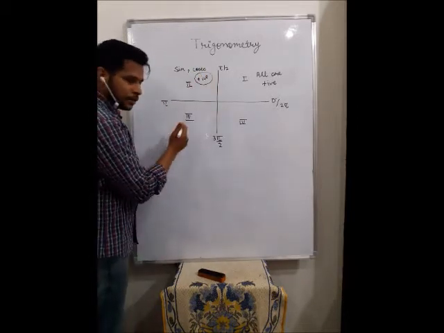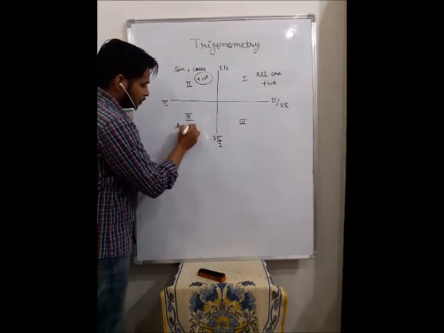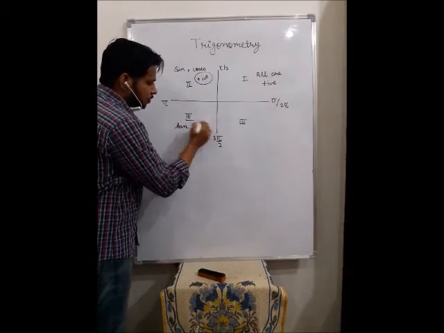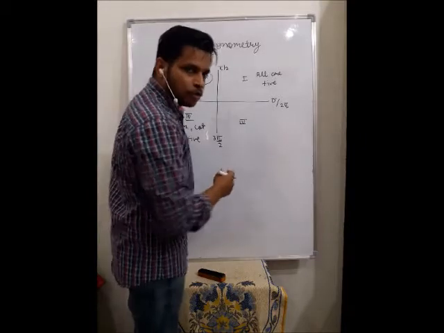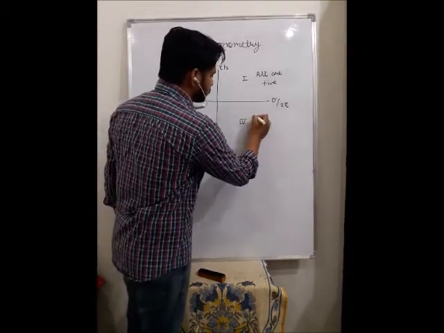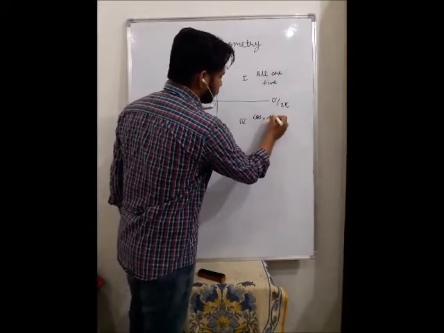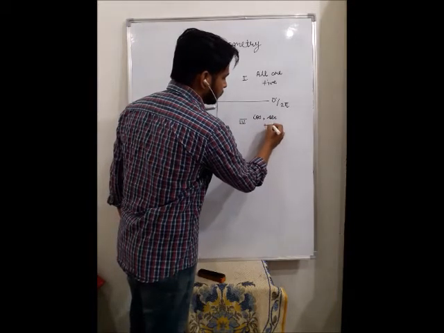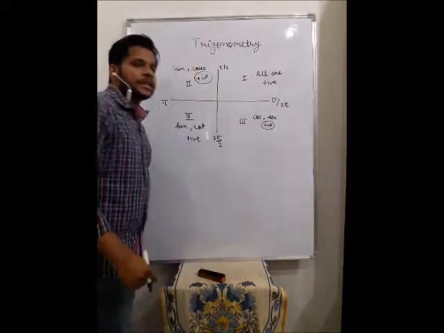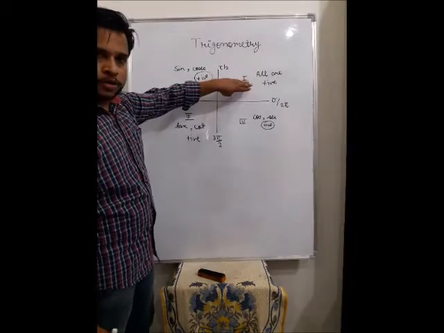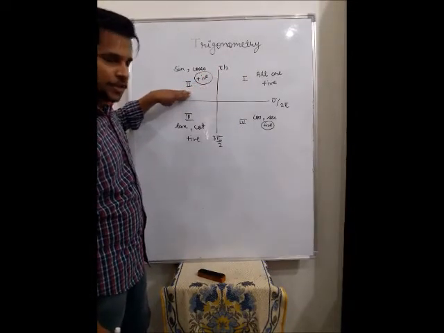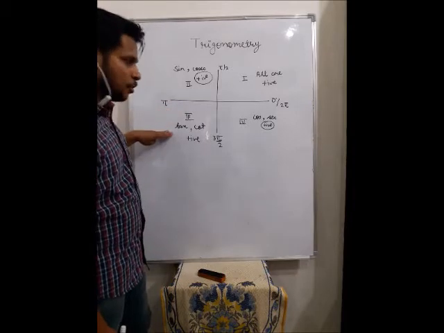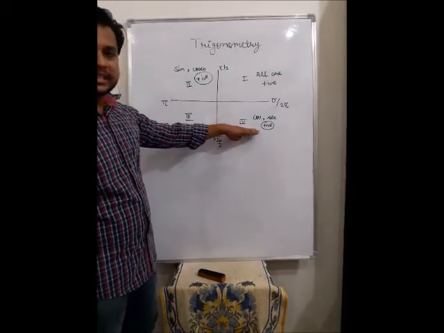And in third quadrant tan and cot function is positive, and in fourth quadrant remaining cos and sec function is positive. That means all values are positive in first quadrant, sine and cosec are positive in second, and in third tan and cot, and in fourth cos and sec.